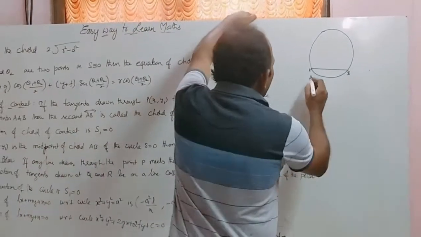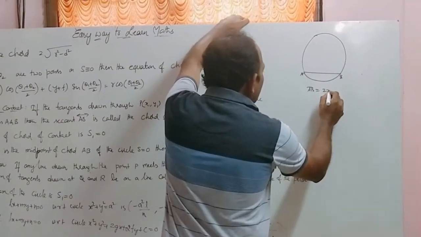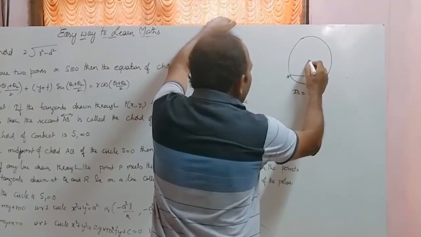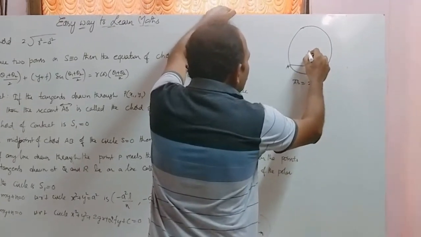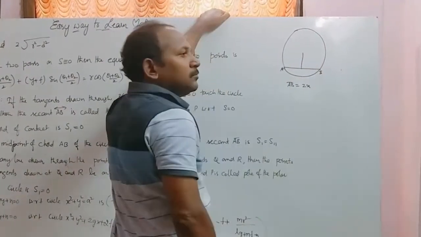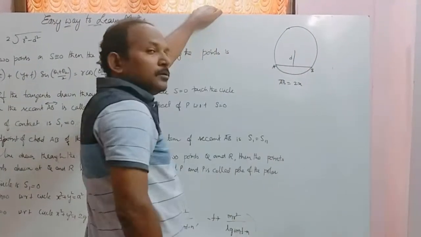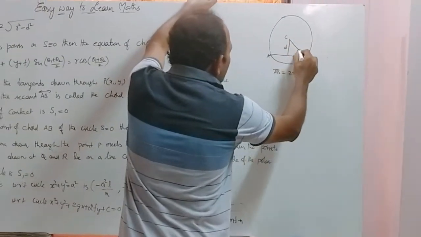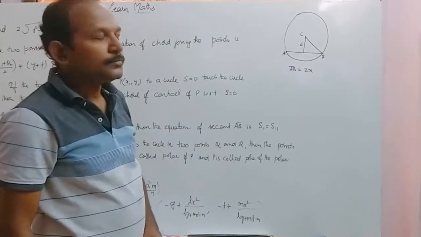Now, the length of the chord is nothing but AB bar. Let it be 2x. Now, let us draw a perpendicular from the origin, from the center, to this chord. Let it be d, and here CB is nothing but the radius.